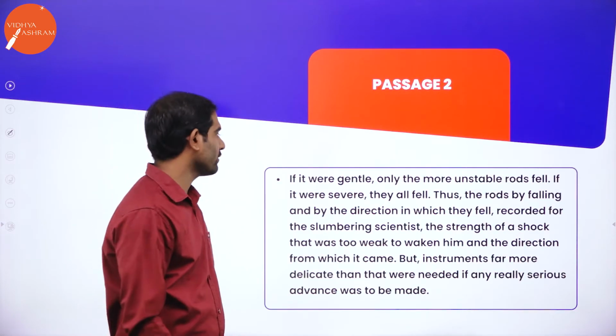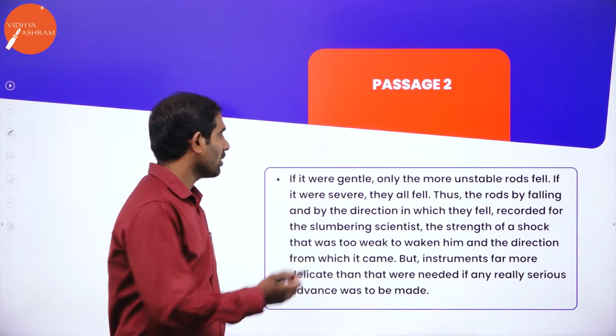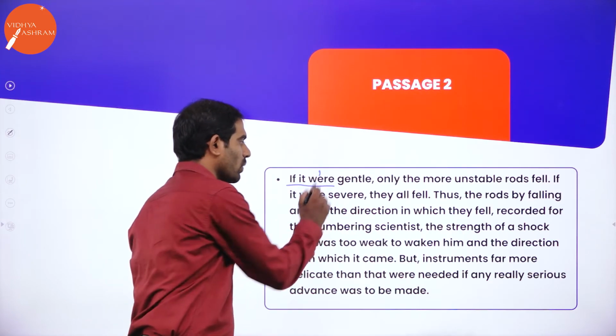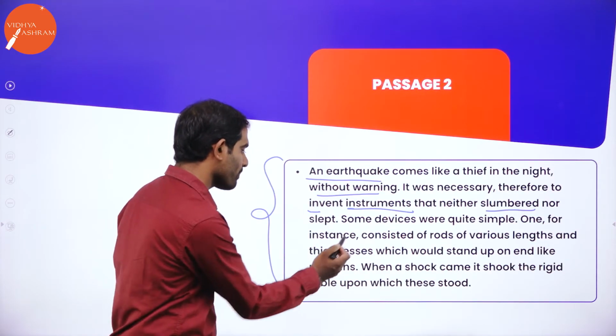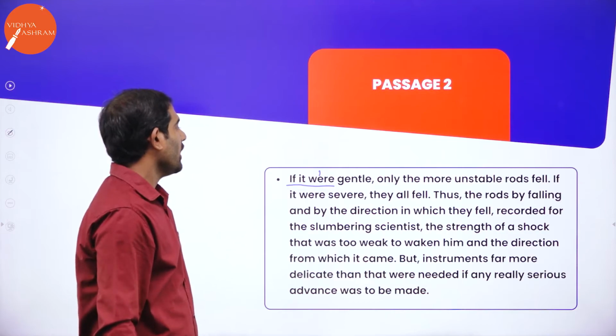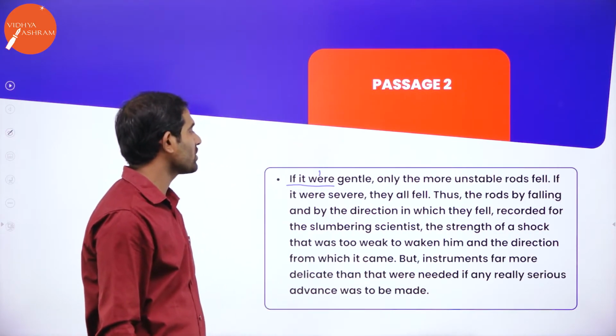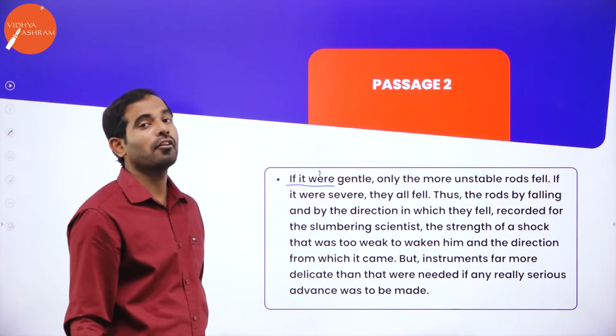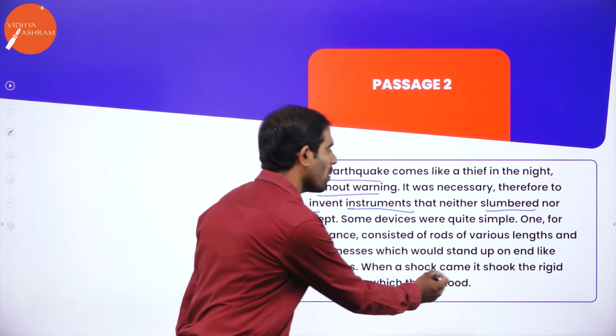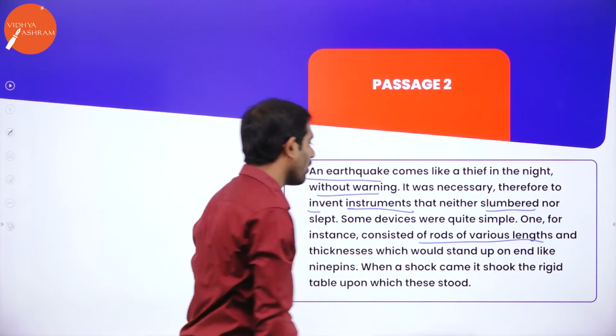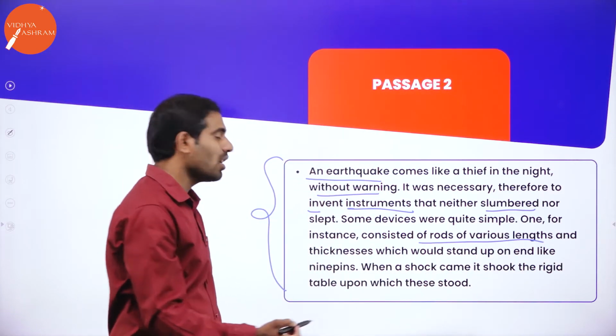In the second paragraph, if it were gentle, what is this 'it' here? It refers to the earthquake. If it were gentle, only the more unstable rods fell. If it were severe, they all fell. Now, we are talking about rods of various lengths and thicknesses which stood.